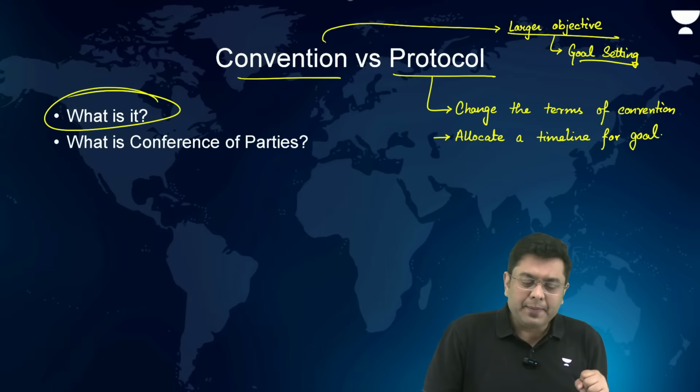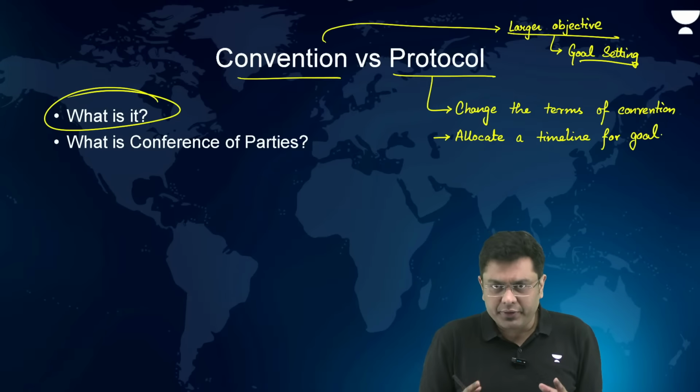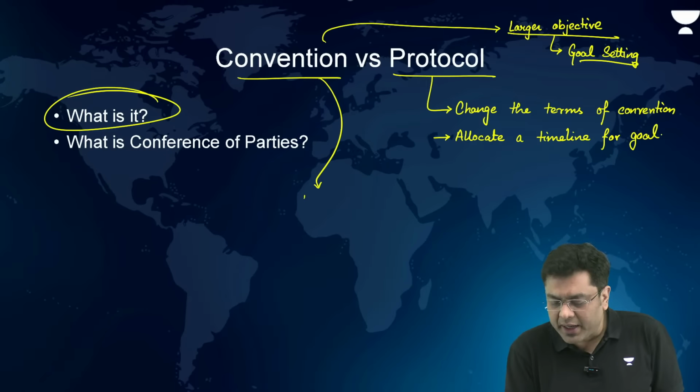So understand, the convention will have various different participating members, right? Generally, these participating members are the member countries. Now, these member countries are known as the parties to the convention.